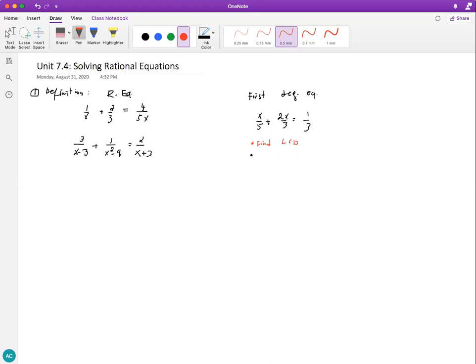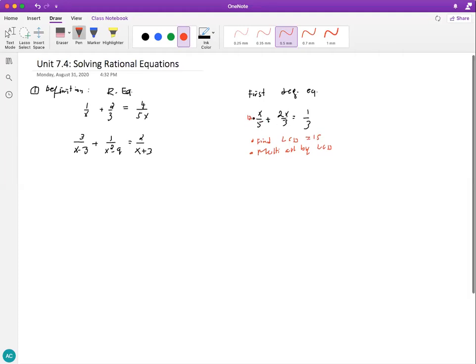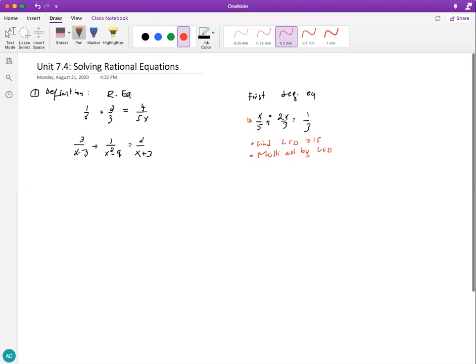And once you find the LCD, what do you do with it? The same thing you do with the bottom, you do on the top. Or we can multiply all by the LCD. Just find your LCD, in this case it is 15. Just write it next to each fraction, as if you were to multiply, but we're not going to multiply yet.